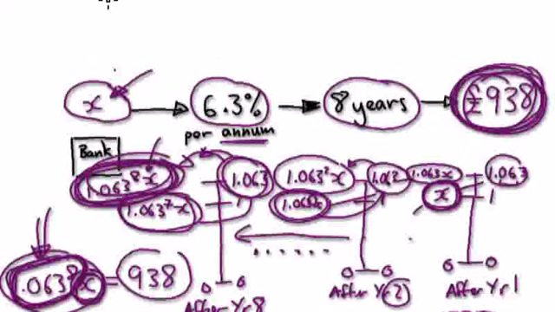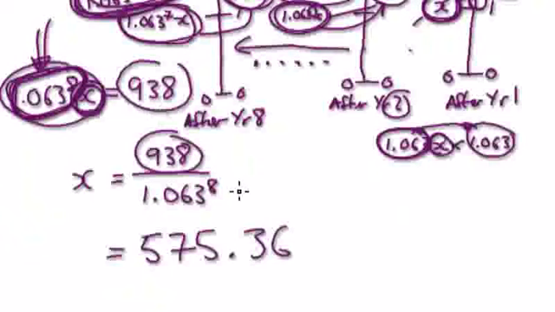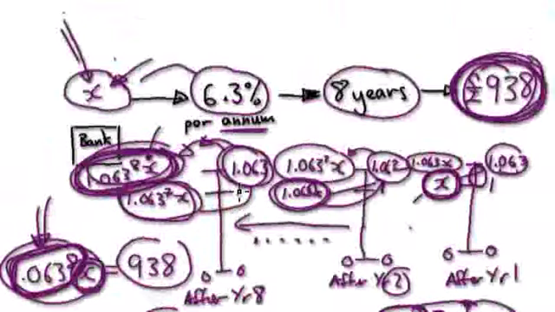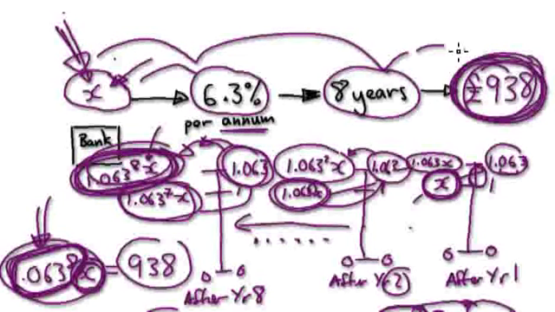So we've just worked out this original value. If you follow it through, every year you get a tiny bit of interest for 8 years. If you put this amount into the original and follow it all the way through, it would take you to this amount here.